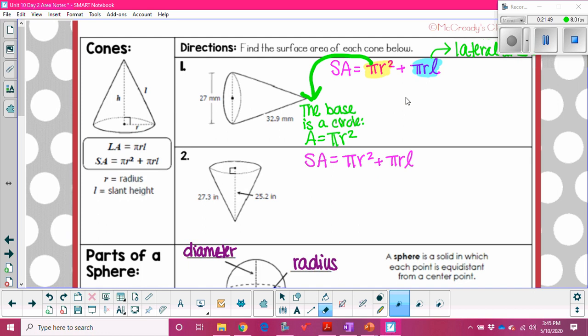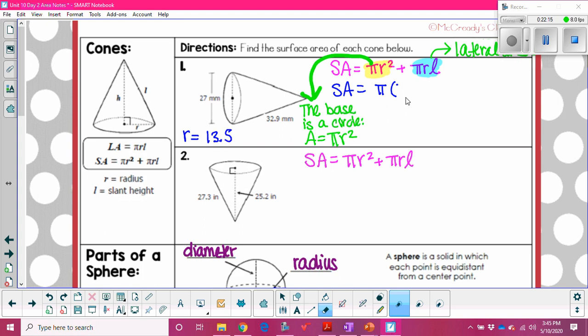So all we have to do is fill this in. We have the surface area equals pi times the radius, which is half the diameter. If your diameter is 27, your radius is going to be 13.5.